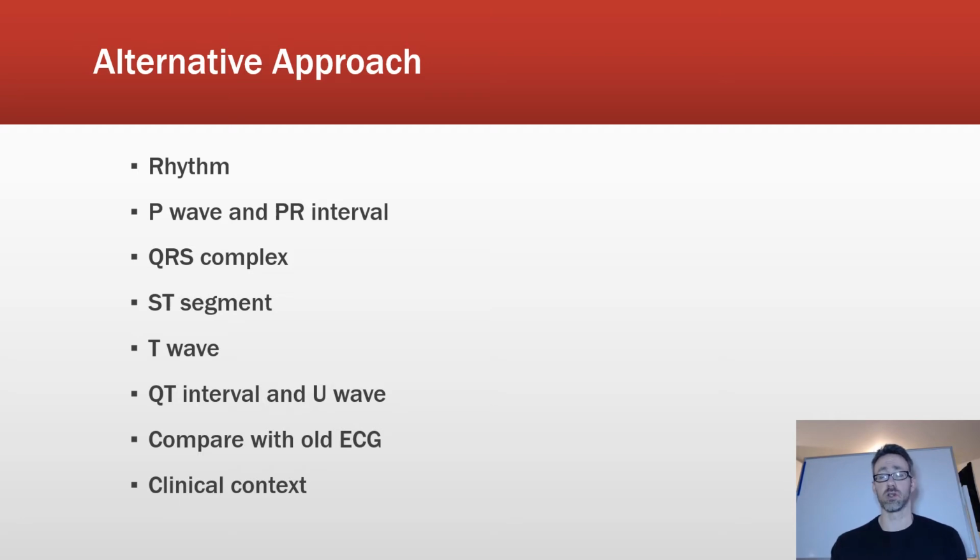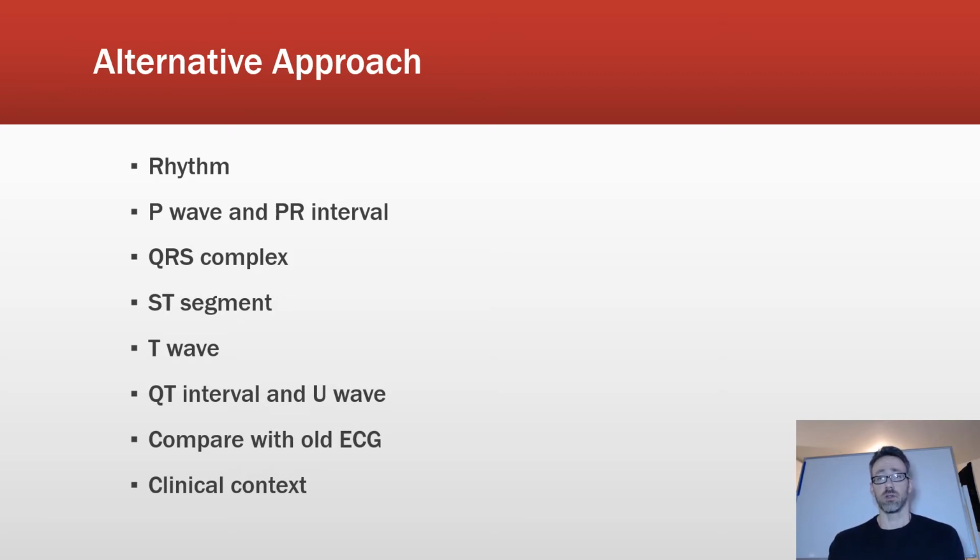Looking at the QRS is also a good way to assess your axis in the limb leads. And then moving forward, the ST segment. In a coronary artery disease type case, you could look for elevations and depressions. And there are some other types of ST segment abnormalities that we'll approach more in the cardiology lecture series.